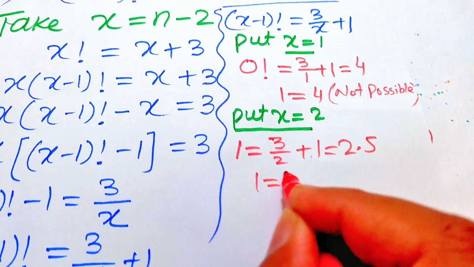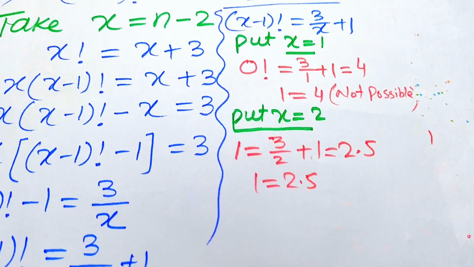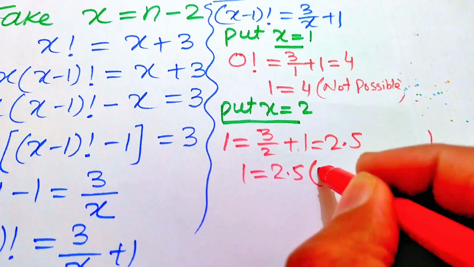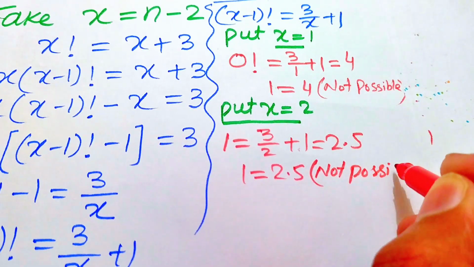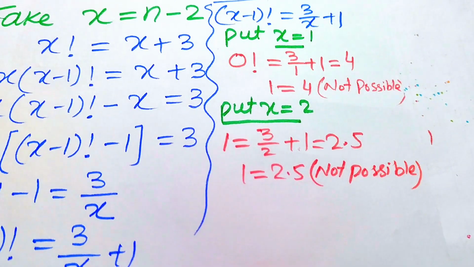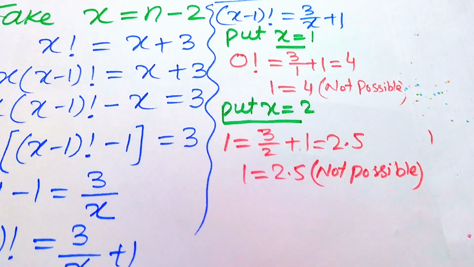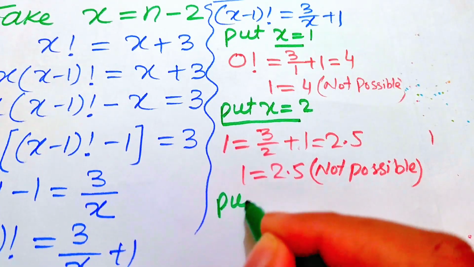So here you get 1 equals 2.5, and it is also not possible or does not satisfy the given equation, so we reject this value also, and we move further to put x equals 3.